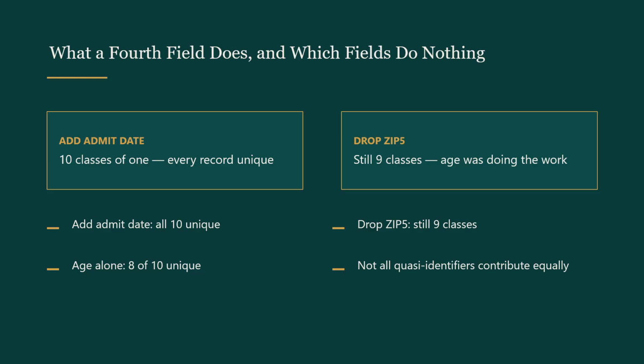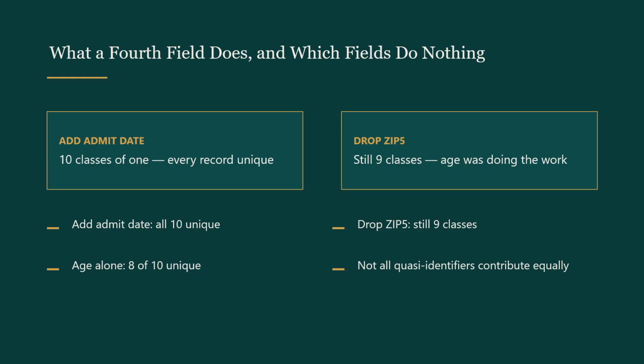Zip5 contributed nothing at all to separating these particular records because age had already separated them. Push it further. Group on age alone, and 8 of 10 records are still unique because 34 is the only age that repeats. Age is doing essentially all of the work in this table.